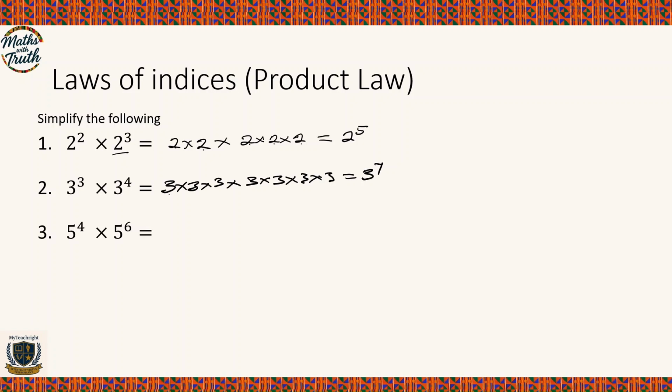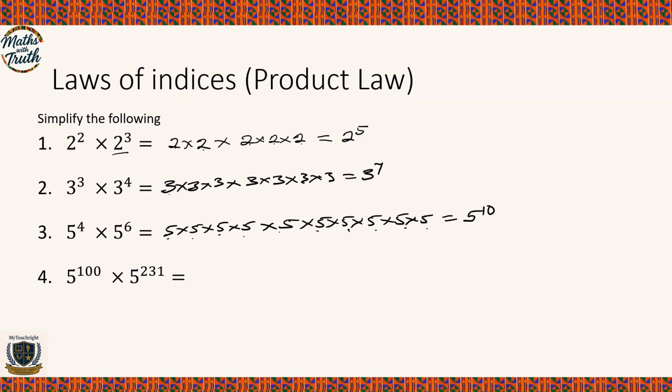The next one is 5 exponent 4, meaning 5 times 5 times 5 times 5, times 5 exponent 6, which is 5 times 5 times 5 times 5 times 5 times 5, is equal to 1, 2, 3, 4, 5, 6, 7, 8, 9, 10. So we have 5 exponent 10. Okay, that's cool. Uh-oh.